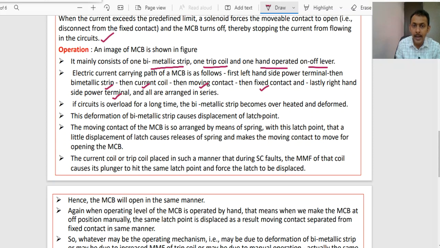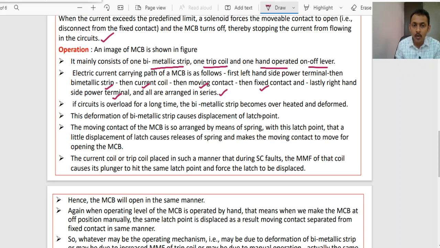All these components will be arranged in series. This will be the order of flow of current in a circuit breaker.